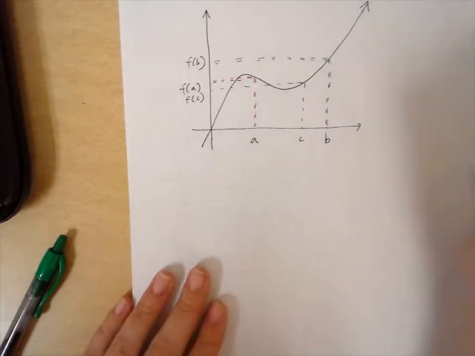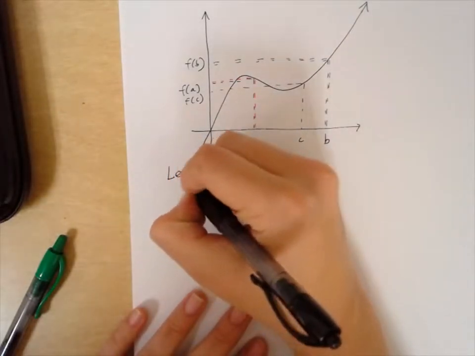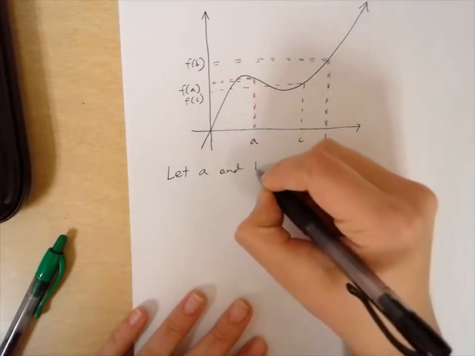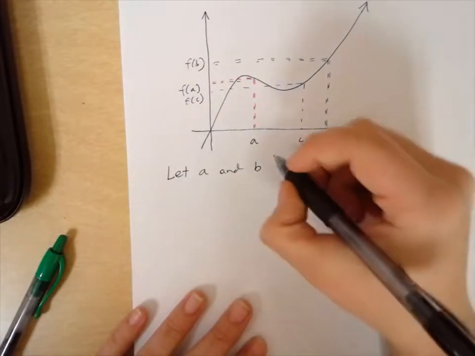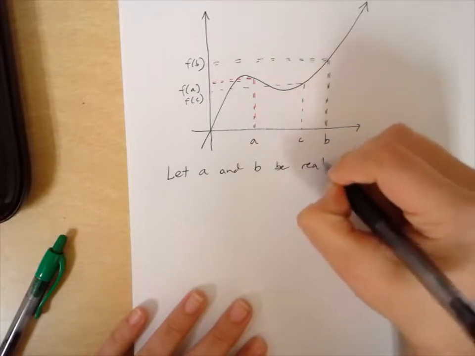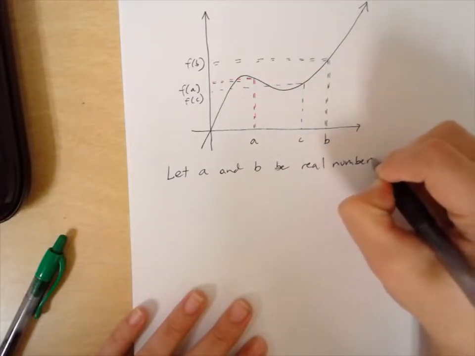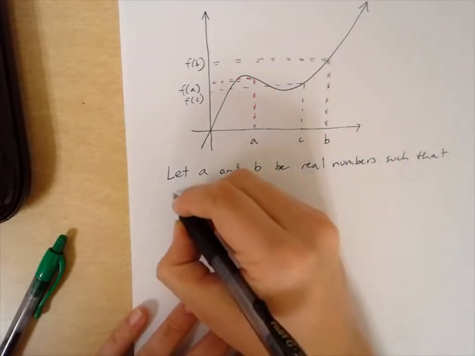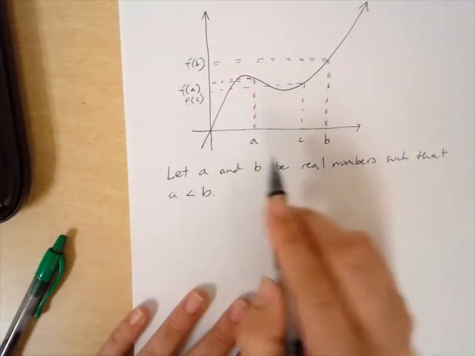And here's what the intermediate value theorem says. It says, let a and b be real numbers such that a is less than b. Okay, so far they are.